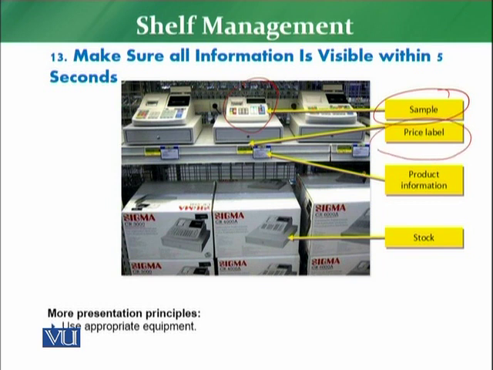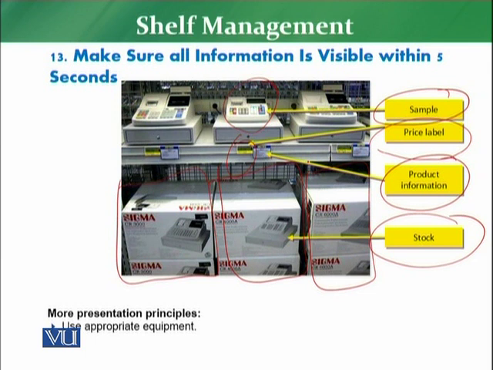The customer should be able to see the price immediately, because first he will see the product, and then the next thing that comes into his mind is the price of this product. Then after the price label, he should be able to see clearly the product information, the description, the main key features, and whether the product stock is available. For example, if the sample unit is on display but the stock is not there, the customer will feel that you do not have stock of this item.